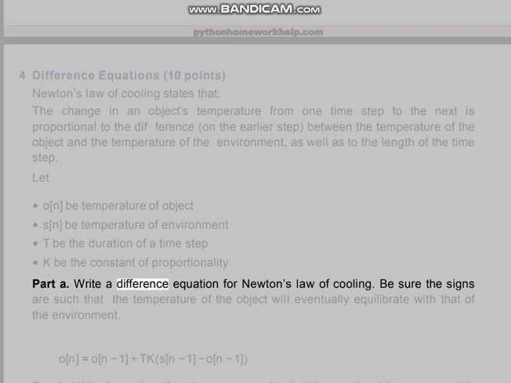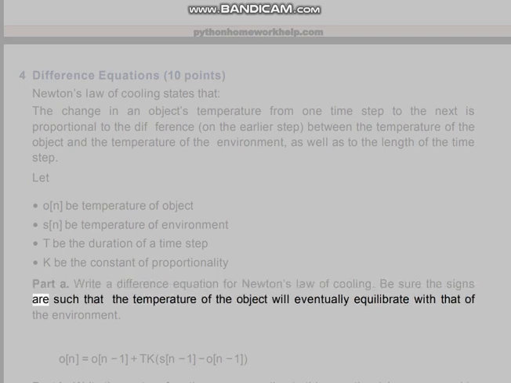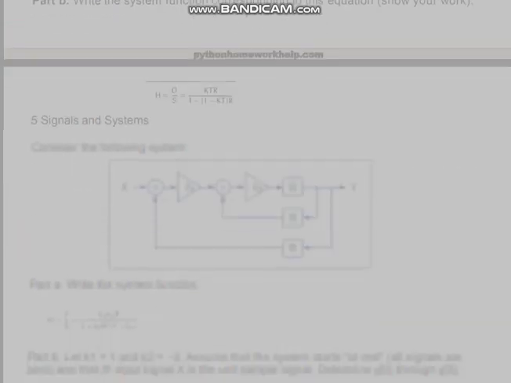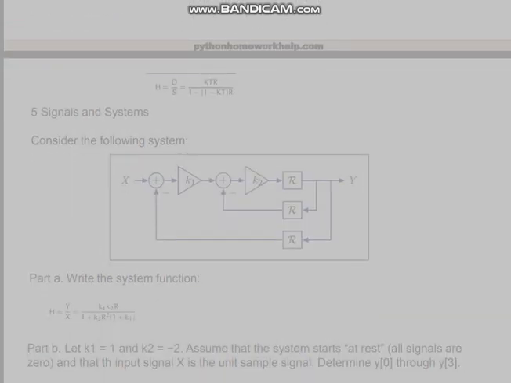Part A. Write a difference equation for Newton's law of cooling. Be sure the signs are such that the temperature of the object will eventually equilibrate with that of the environment. O[n] = O[n-1] + T*K*(S[n-1] - O[n-1]). Part B. Write the system function corresponding to this equation. Show your work.